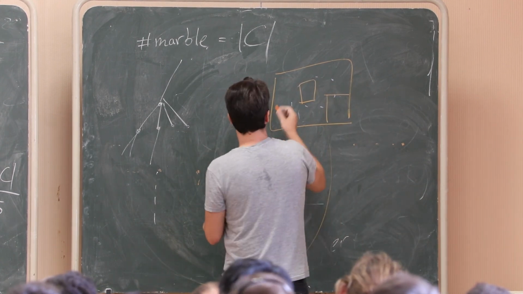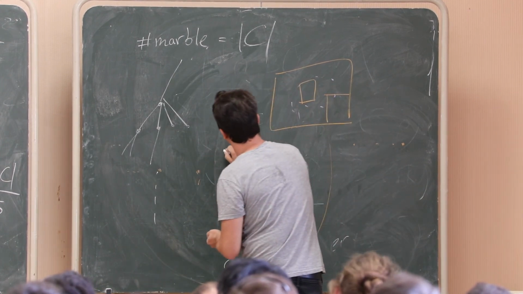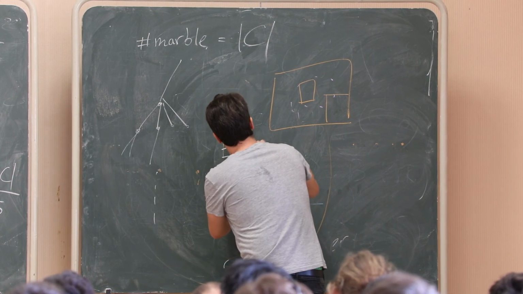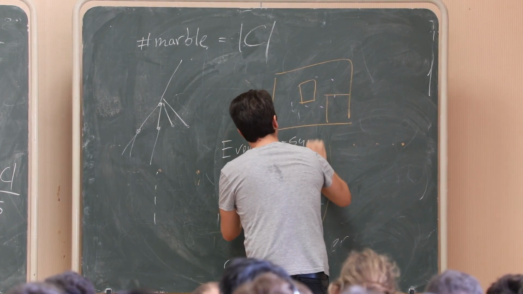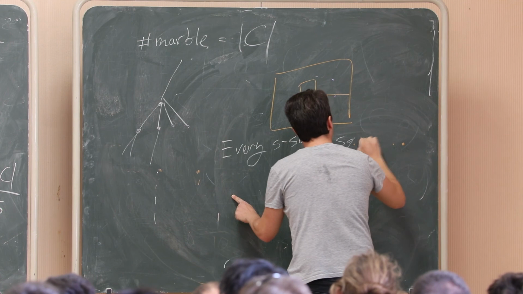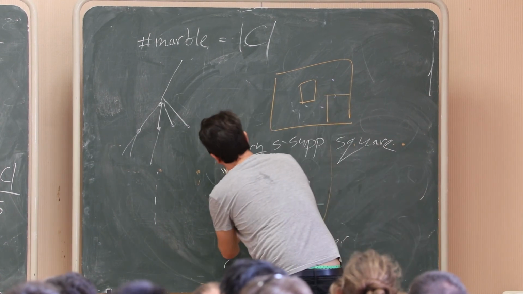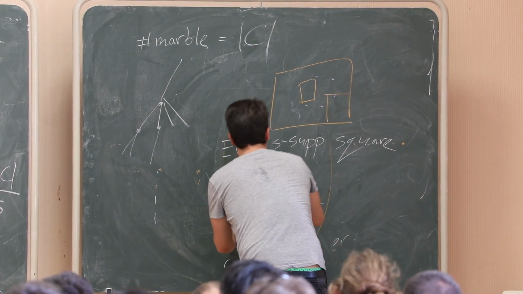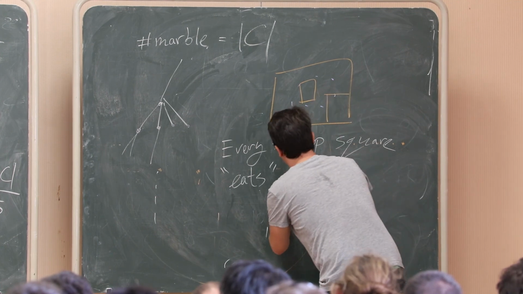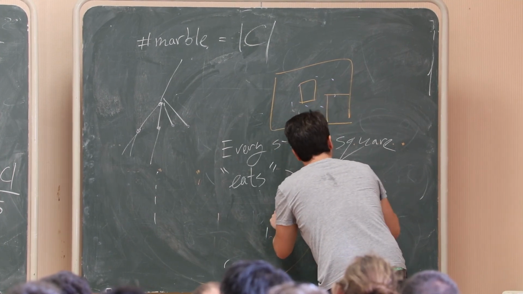So my claim that I'm trying to convince you of is that every s-supported square eats, or hides or whatever, at least s over 2 marbles.